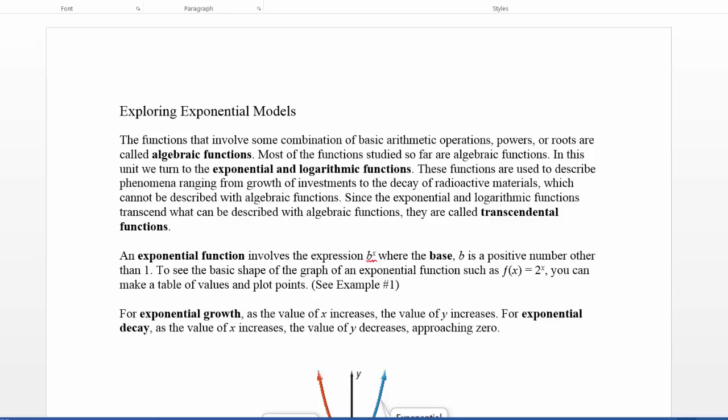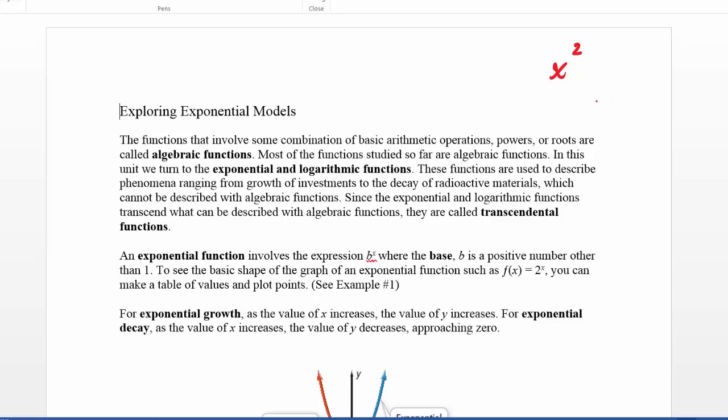Now, the first few lessons will be dealing with the exponential functions, and you've dealt with exponential properties before, and an exponential property has a base raised to an exponent, and so you're used to seeing something like x squared, where x represents the base and 2 represents the exponent.